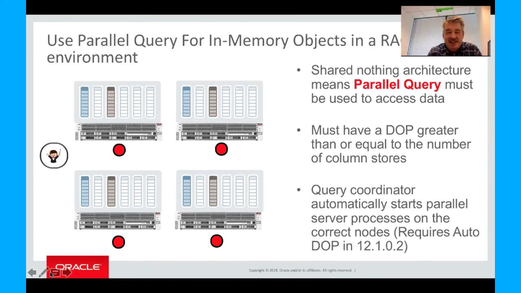It doesn't, but depending on the distribution that you're using, the goal for distribution and using multiple column stores in RAC is to have a fairly even distribution of data, because you don't want three of the parallel server processes to finish and one of them to be churning away on twice as much data, because then that gates your performance for that particular query. So the idea is that we want as even a distribution of data as possible.